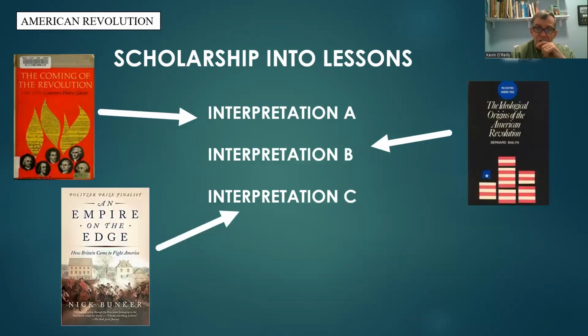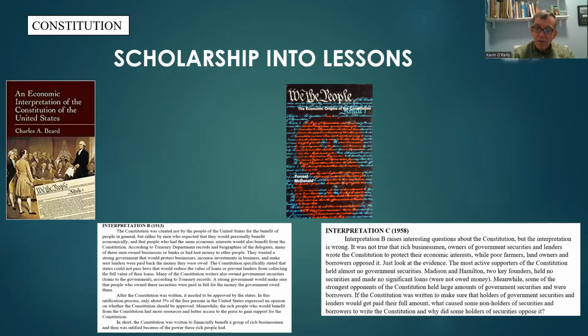On the American Revolution, you have three interpretations here: that the French and Indian War was the main underlying cause. No, it was economics. That was really the key. No, it was ideology. It was belief system. And students can't read these books, but they can read the interpretations. And what does that look like?